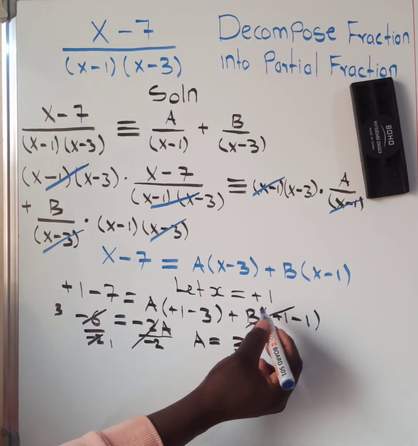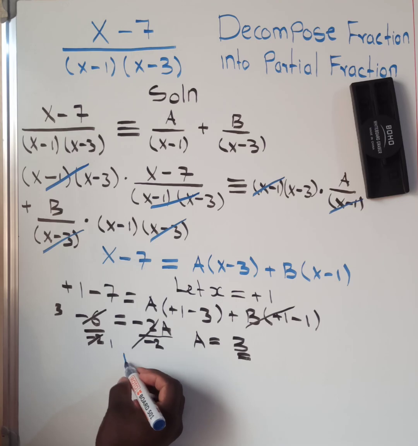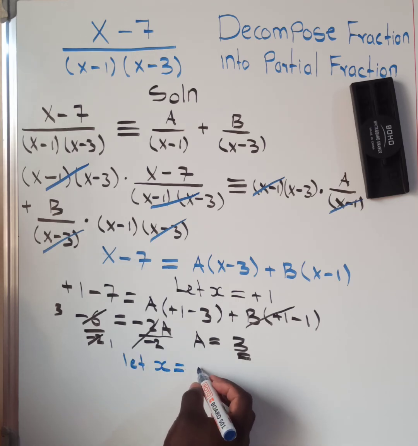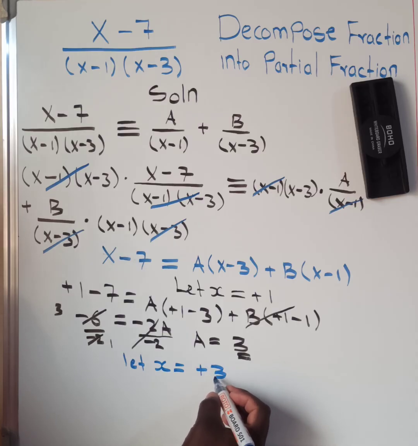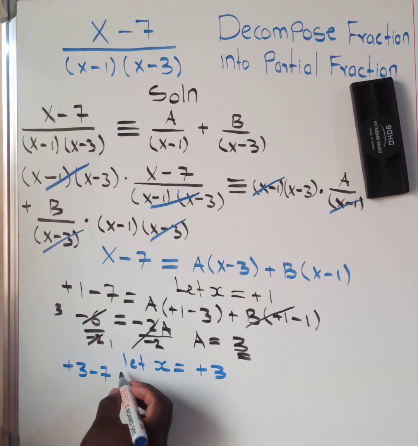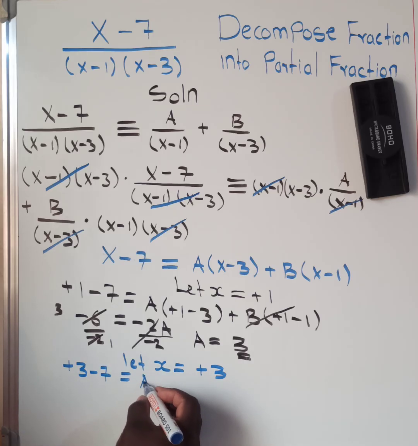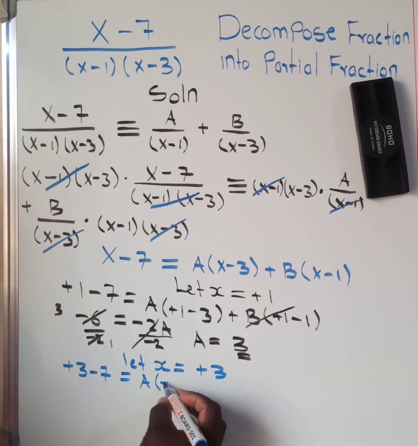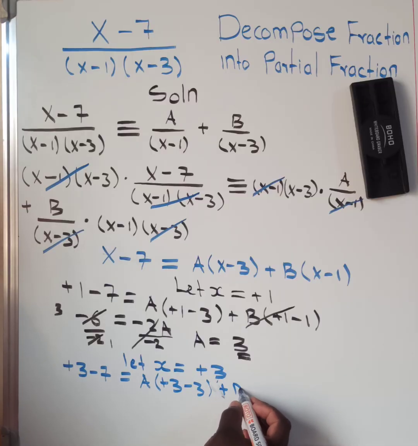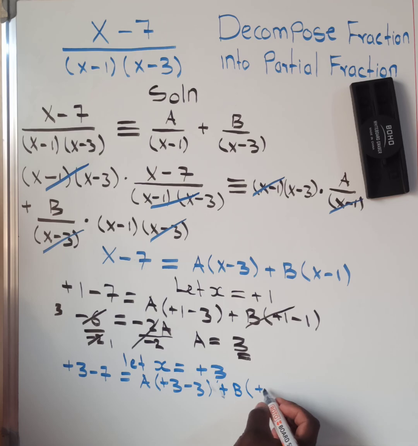So we need to find the value of B. So we have to say here, let x equal to positive 3. All right. So we have here 3 minus 7 equal to A(3 minus 3), and then B(3 minus 1).